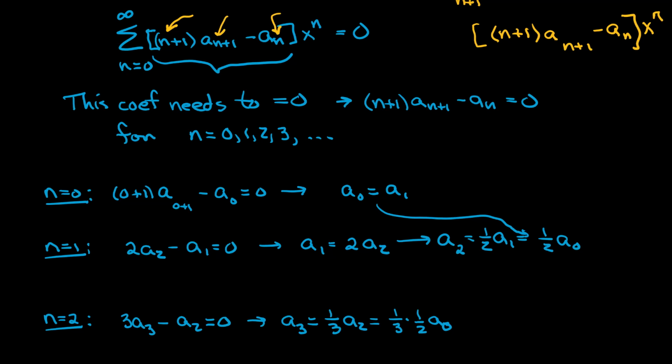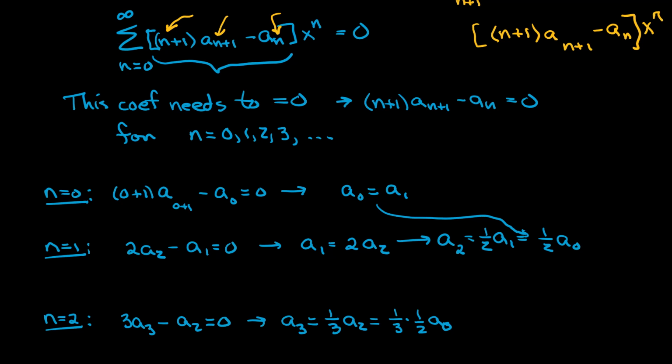And for the moment, I'm just going to focus on the coefficients. So what this is going to give me is 0 plus 1 times a sub 0 plus 1 minus a sub 0. When you distribute this, we're going to have a sub 1 times 1, and what this is going to give us is a sub 0 is the same thing as a sub 1. That's going to be important to hold on to as we progress through the values of the index.